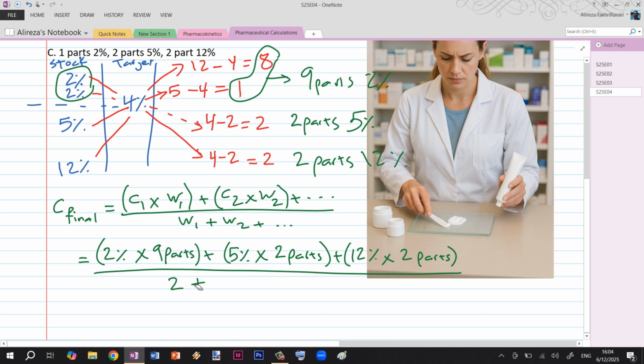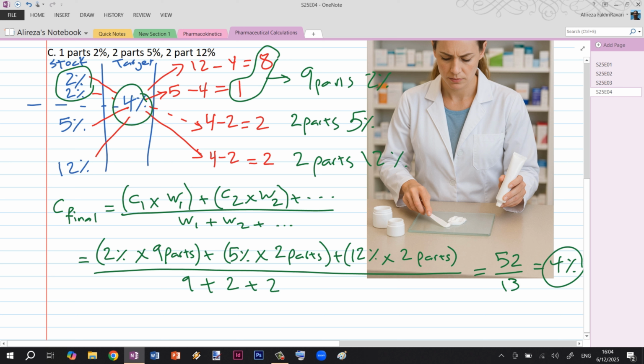Let's go in order: 9 plus 2 plus 2, which is 13. So you would get 52 divided by 13, which is 4%, and that is what we wanted here.